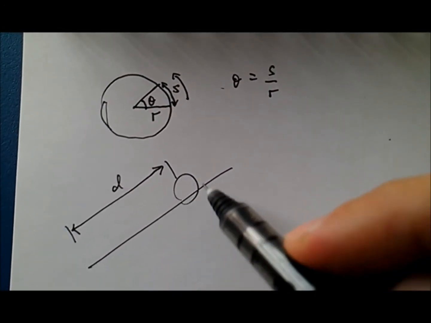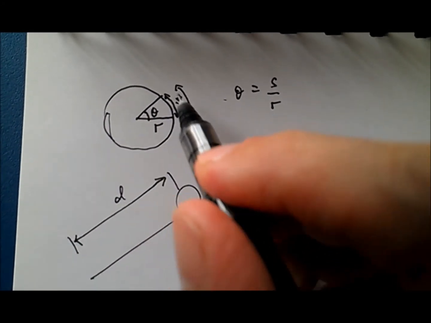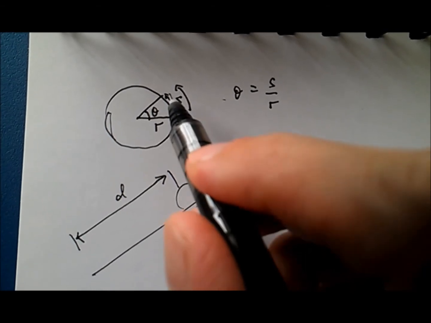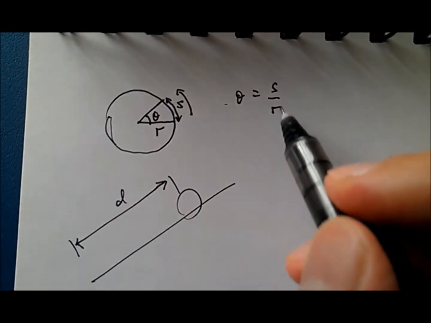So what is the total angle covered? If you go back to this small rotation, if the distance rolled along the circumference is s, then the angle is s over r.